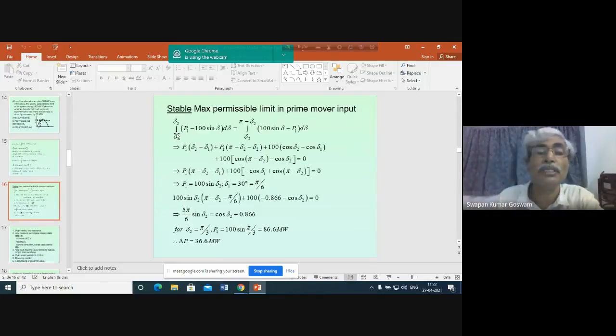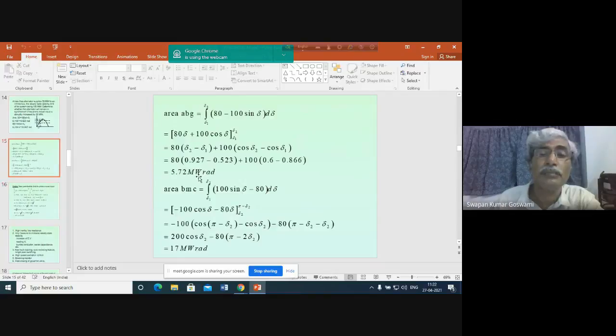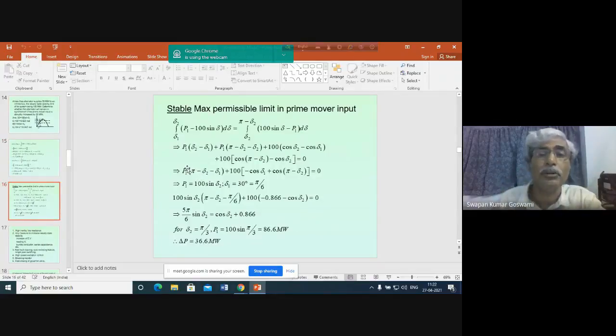So P1 indicates the new power input. It would have been better if I could draw it again, but because of this limitation, I cannot draw, so I am explaining. You check whether you can understand or not, then we shall try to explain if it is not understood by you.